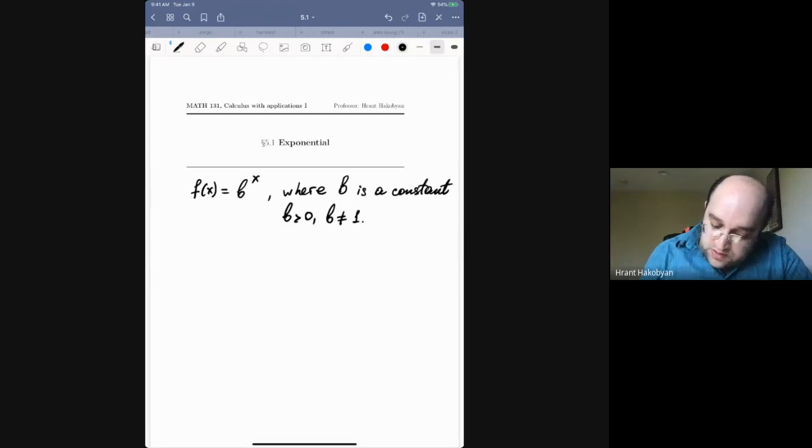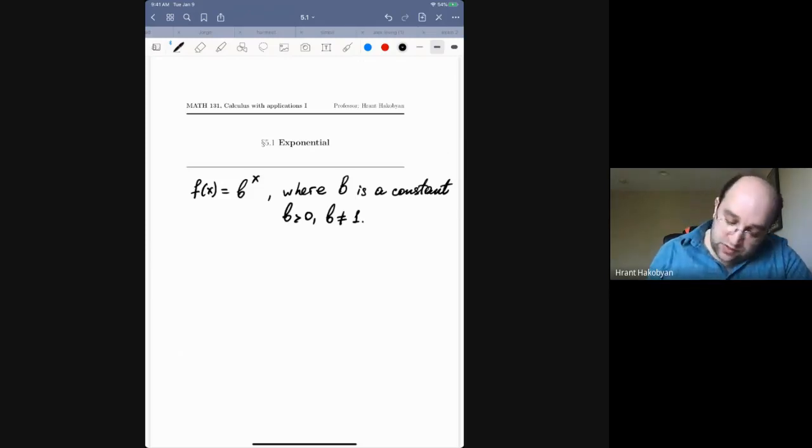The reason we say b not equal to 1 is that if I take b equals 1, it becomes 1 to the power x, and 1 to any number is 1, so it becomes a constant function. But for all the other numbers, it's not a constant function.